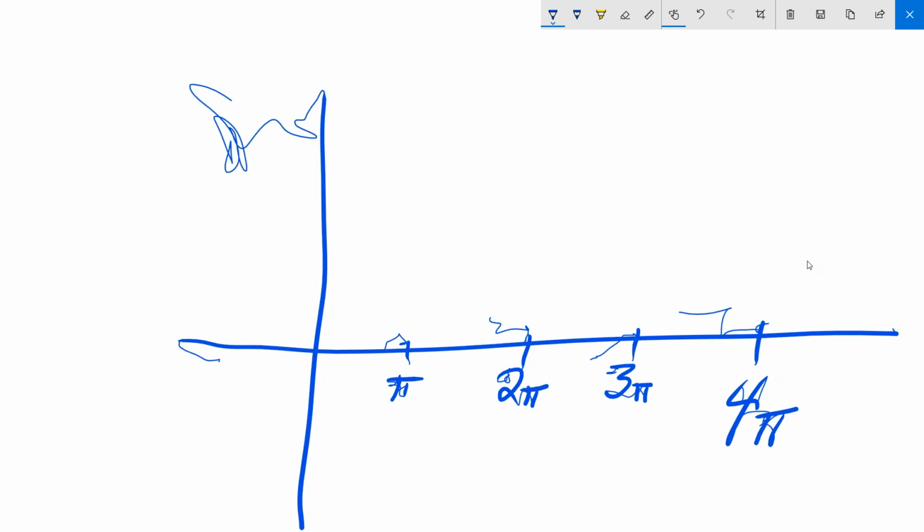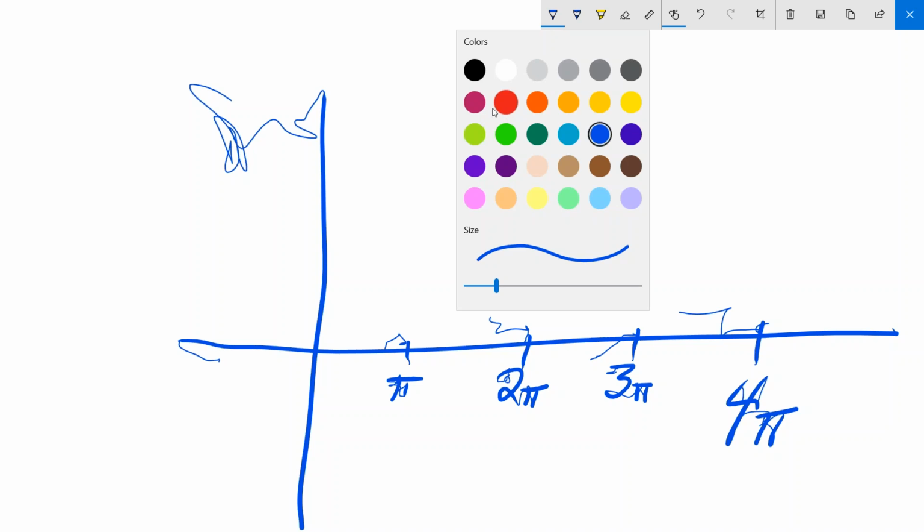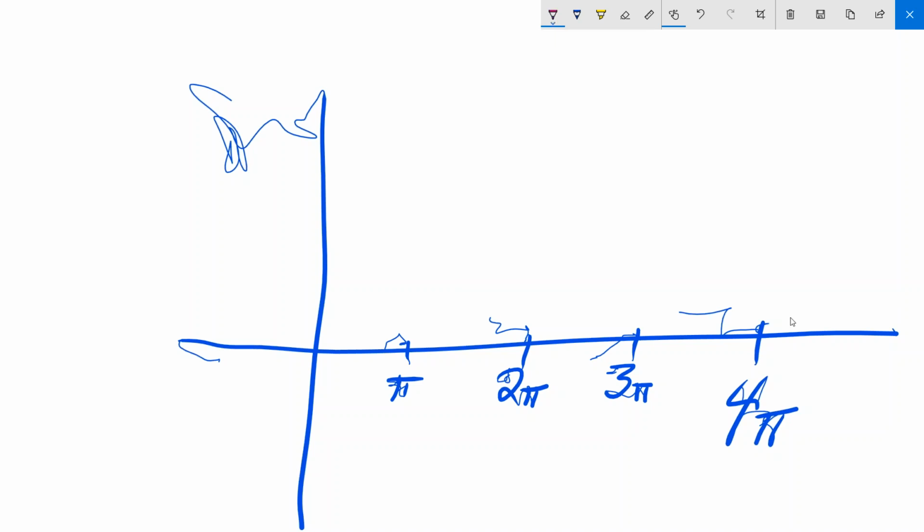You with me? Okay. Now this time, I'm going to vertically shift it. And the way I'm going to do it, it's supposed to be a dotted line, is like that. I'm going to take the curve and I'm going to move it up. In other words, I'll start with a sine curve.